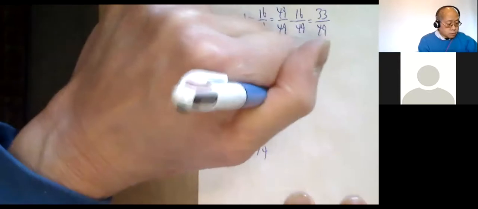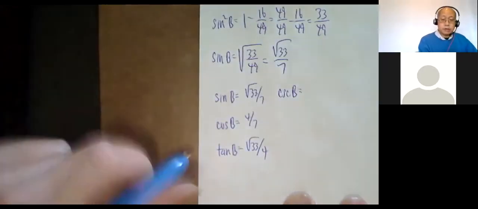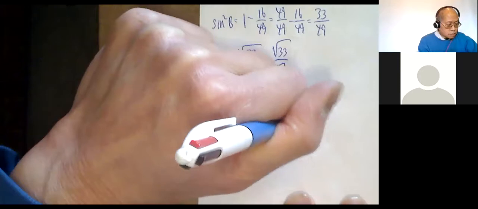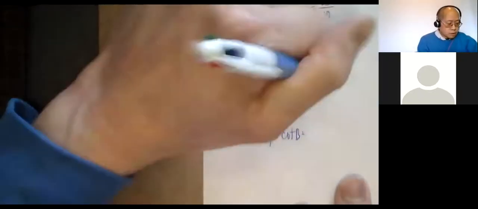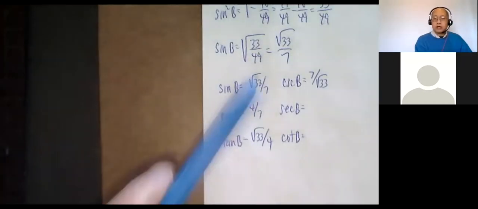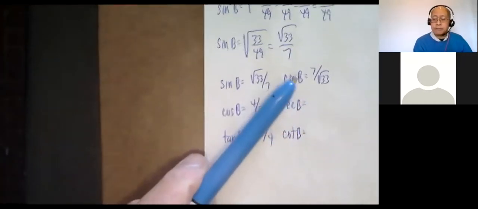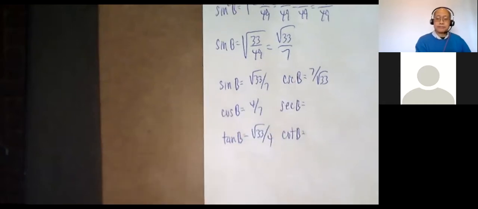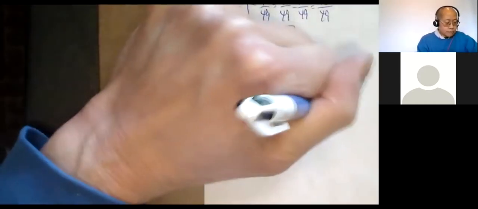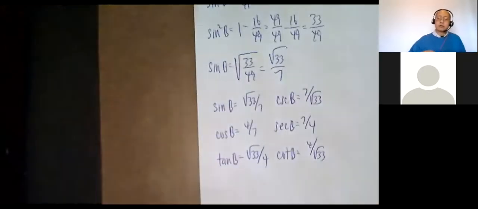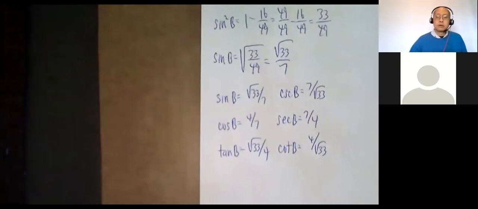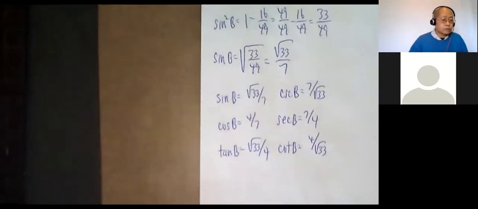Reciprocal of sine is cosecant. Reciprocal of cosine is secant. Reciprocal of tangent is cotangent. Flip, flip, flip. 7/radical 33. And again, on the exam and homework and quizzes, you may leave it like this. You don't have to rationalize the denominator. 7/radical 33, just leave it like that. Flip, 7/4. Flip, 4/radical 33. So I showed you how to do that before.